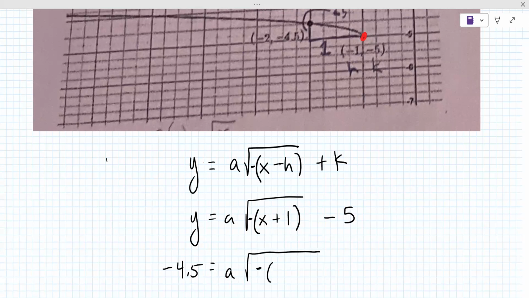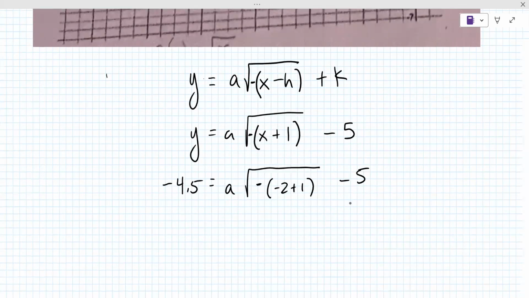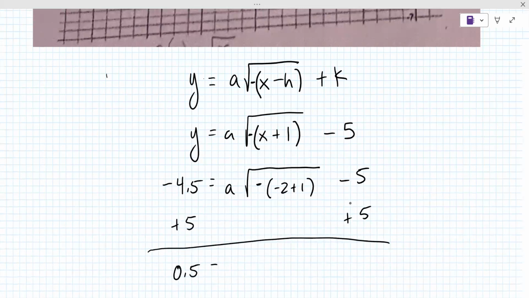It's -2 plus 1 minus 5. I would start solving this by adding 5 to both sides of the equation. So that would be 0.5 equals a square root of minus parentheses -1, so I just say square root of 1.